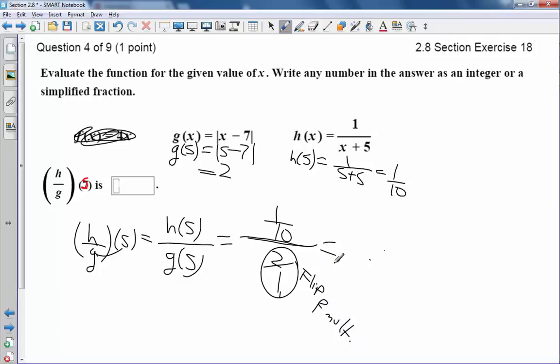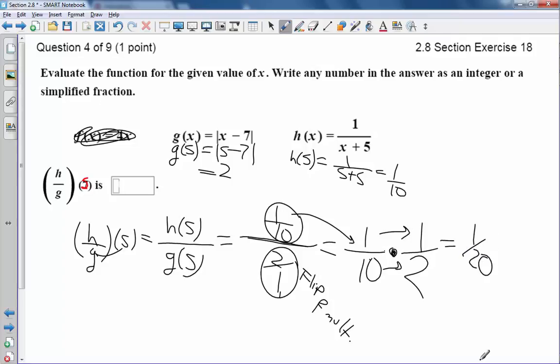The safe way. So 1 over 10 is the top. So I don't touch the top. Just bring it here. Take a product, multiply with, flip 2 over 1 as 1 over 2. Now we see that in reality it's 1 over 20, the right answer.